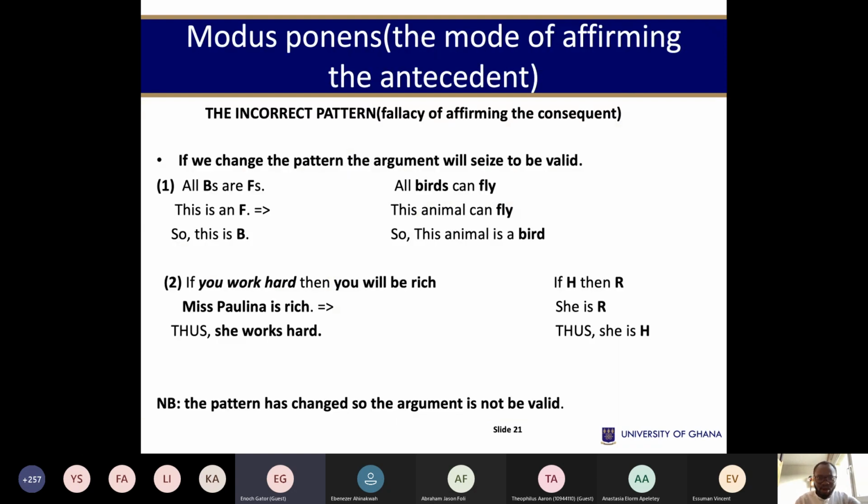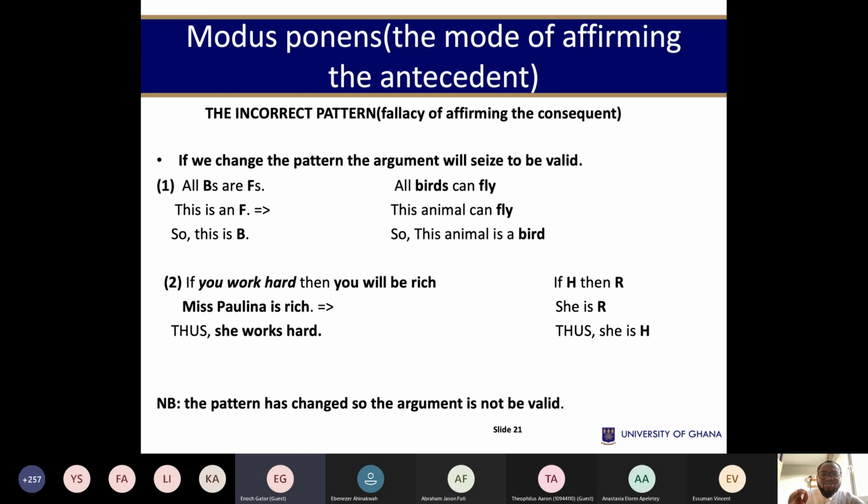Now, when you change the pattern of modus ponens, it means that you've committed a fallacy. And that fallacy is called the fallacy of affirming the consequent.